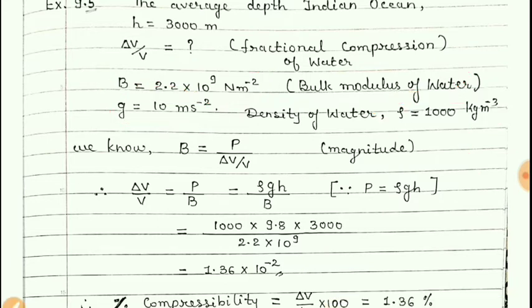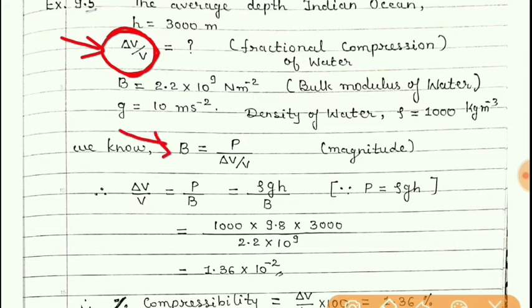Now here our aim is to find the fractional change in the volume. Starting with the bulk modulus, because B is given, we will first write the equation of B, and we know that it is pressure upon fractional change in the volume.